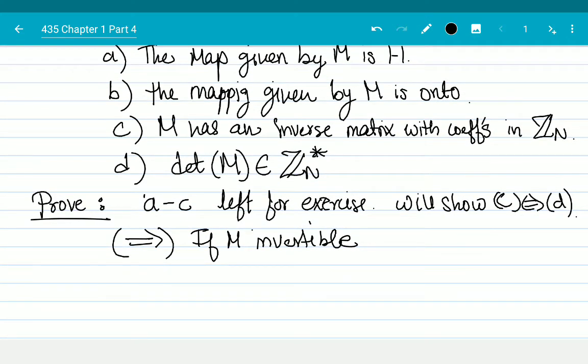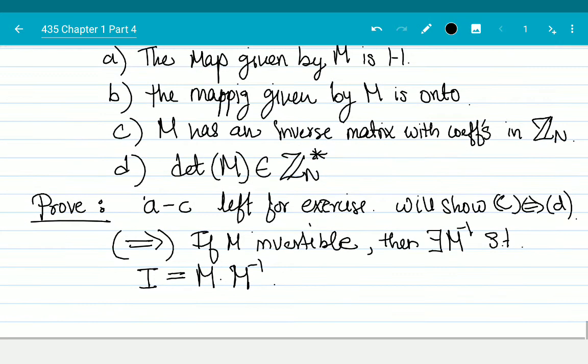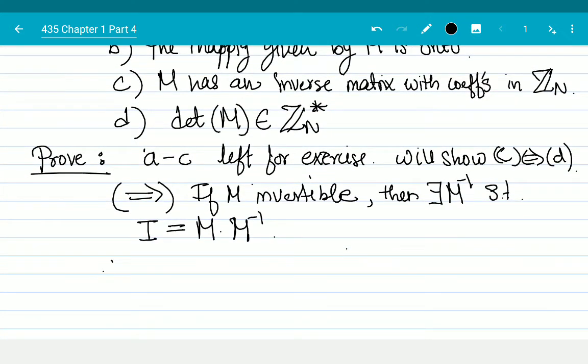It means there exists M inverse in my proper space, which is a matrix with n cross n coefficients, such that the identity matrix I is equal to M times M inverse. Okay. Therefore, I hope you guys are familiar with determinants of matrices.